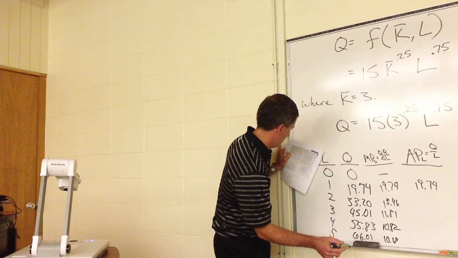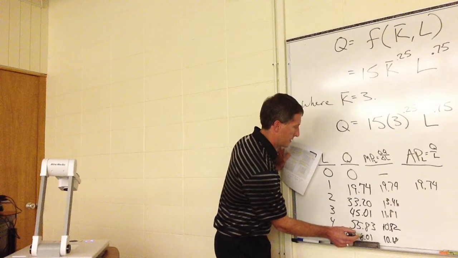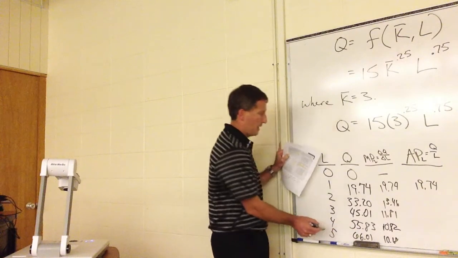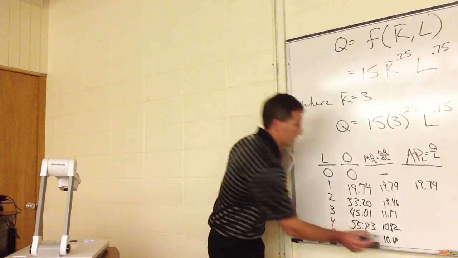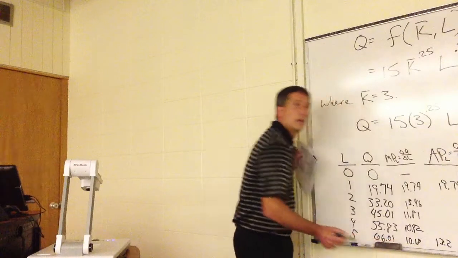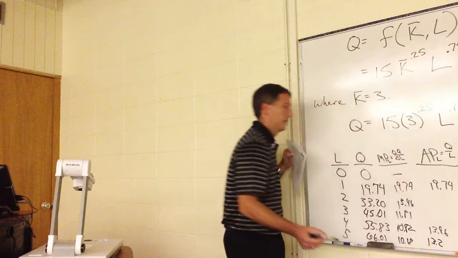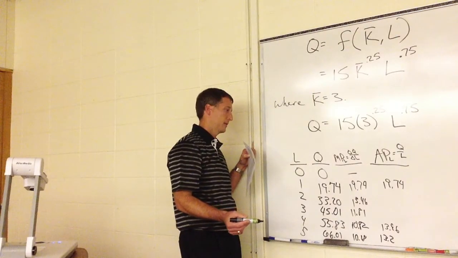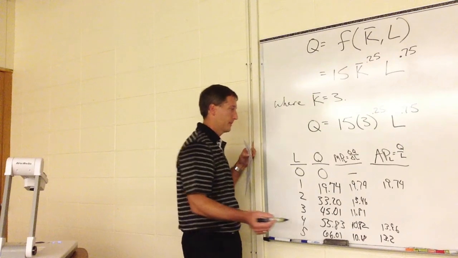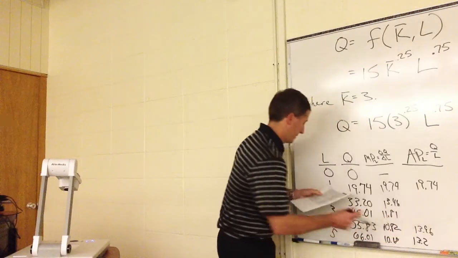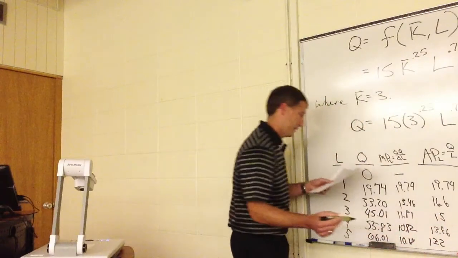I think that's too low. 66 divided by 5. 13.96. 16.6 is 2. Yes. 3 is 15.